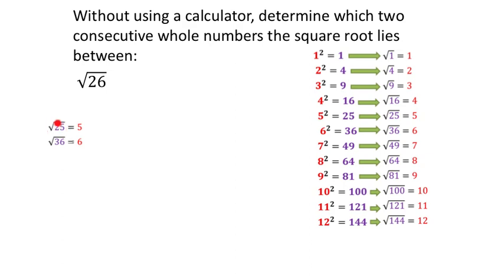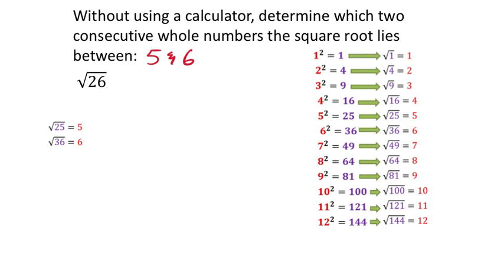So 25 is the closest perfect square. This one's closer to 5. That's not what it's asking. It's saying, which 2 numbers is this between? Well, I just found it in the list. It's between 5 and 6. Done. We say, well, that's pretty good, we didn't use a calculator, and then we had a list in front of us, and that makes it nice and easy.